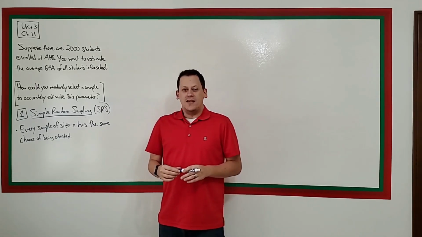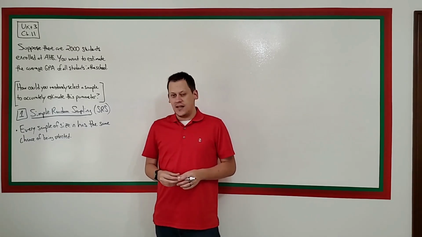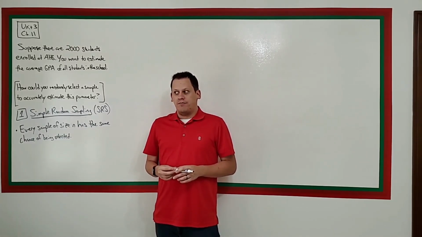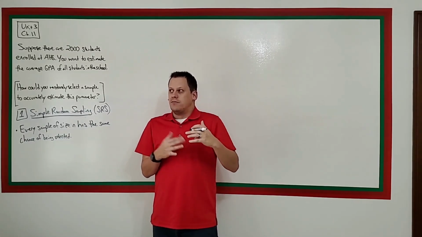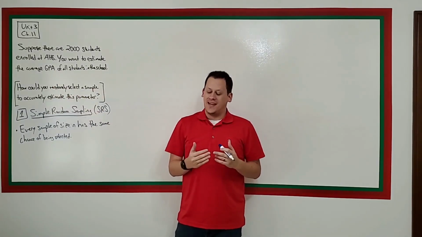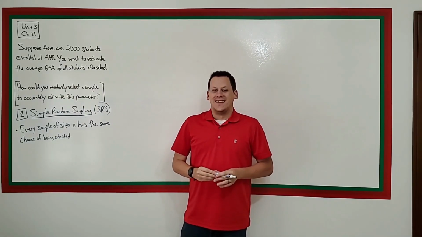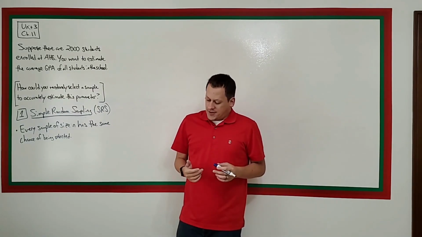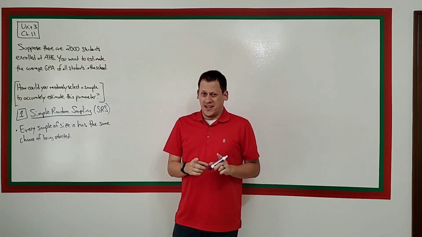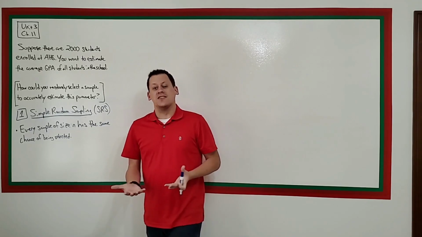So we want it to be relatively easy to actually take this sample. So it can't be too high, but we want an accurate estimate of the average GPA, so we can't take too small of a sample either, or it might not be that accurate. What's the best sample size to take? Well, that's a question for later in the course. For now, we're just going to say we're going to take a sample of size 200.